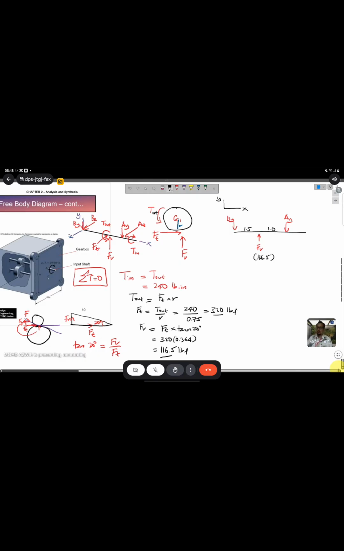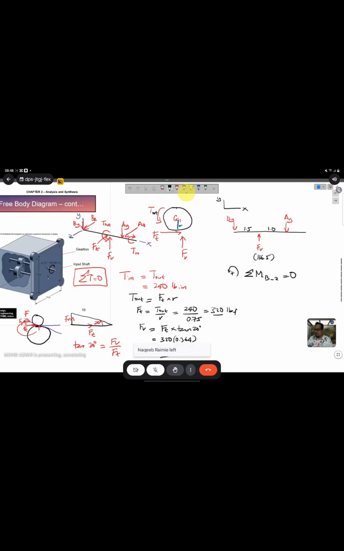Okay, so in order to calculate By and Ay, because we have two unknowns here, you need to cancel one. So you need to use the theory for the moment first. So the total moment acting on point B, the moment about the Z direction, will become 0. We call it MBZ.